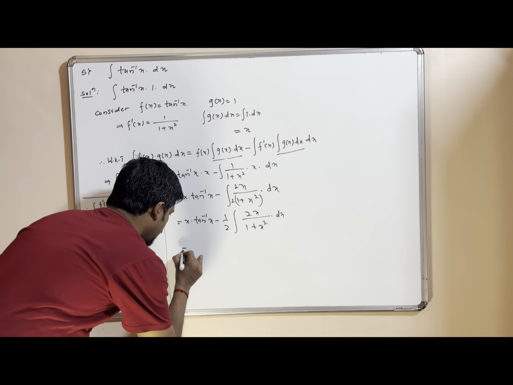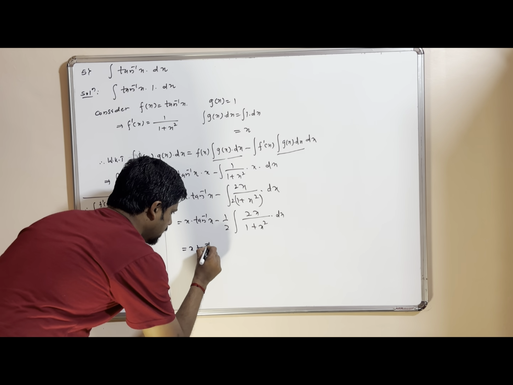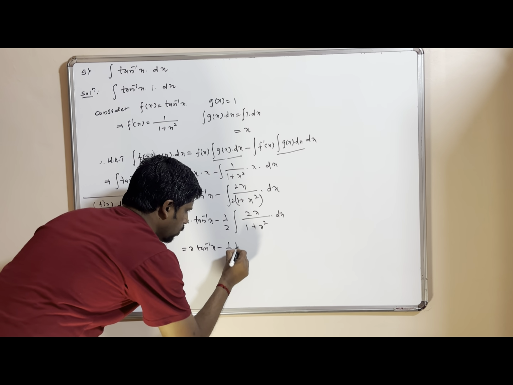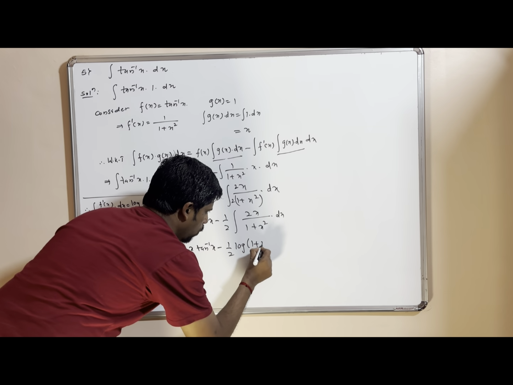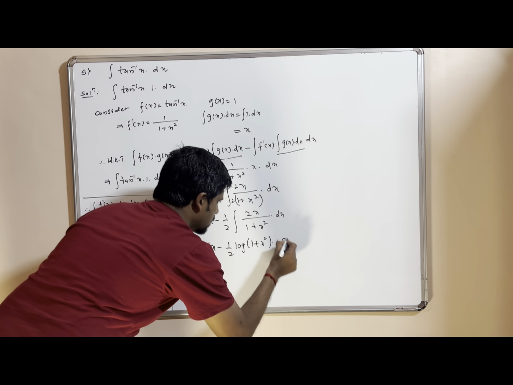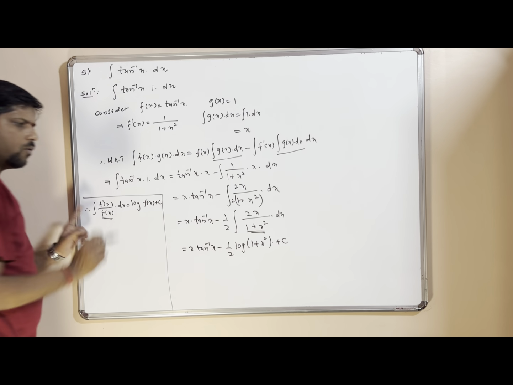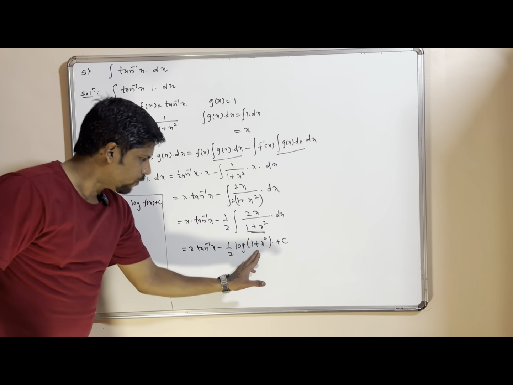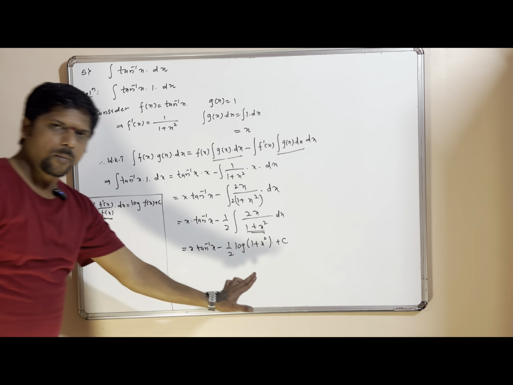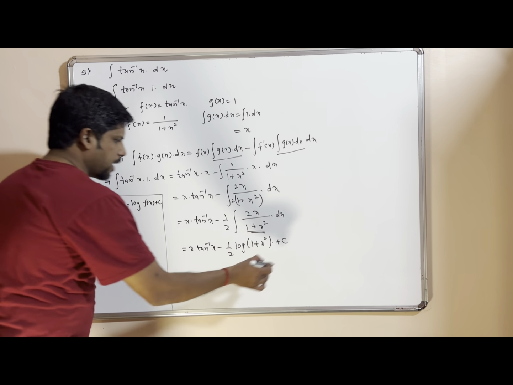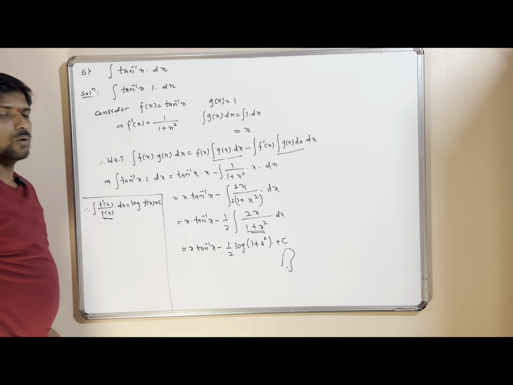So directly you can write this as x into tan inverse x minus 1 by 2 log of 1 plus x square plus c, because in place of f of x we have 1 plus x square, so log of f of x, that is 1 plus x square plus c. So this is the required solution, note it down.